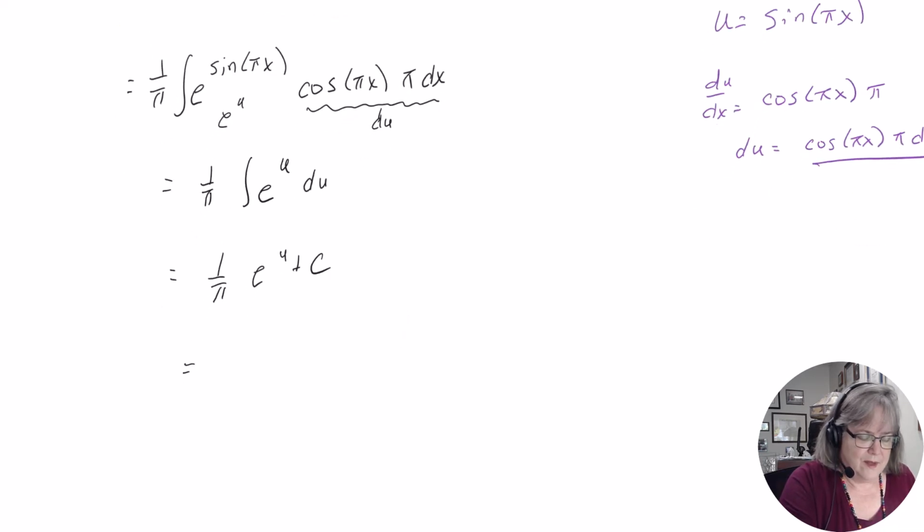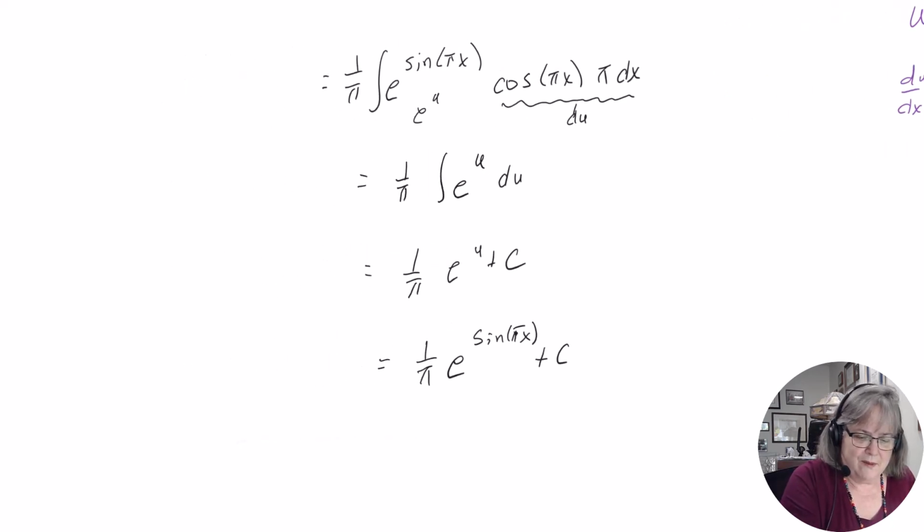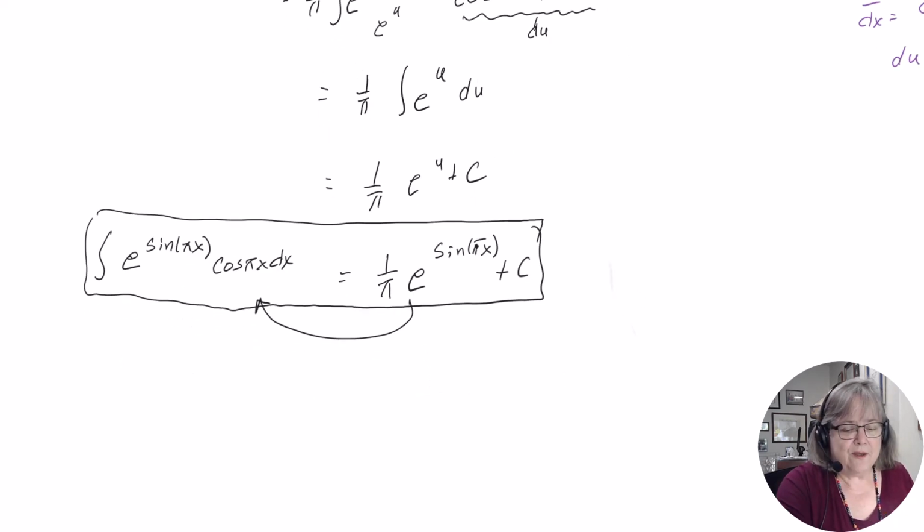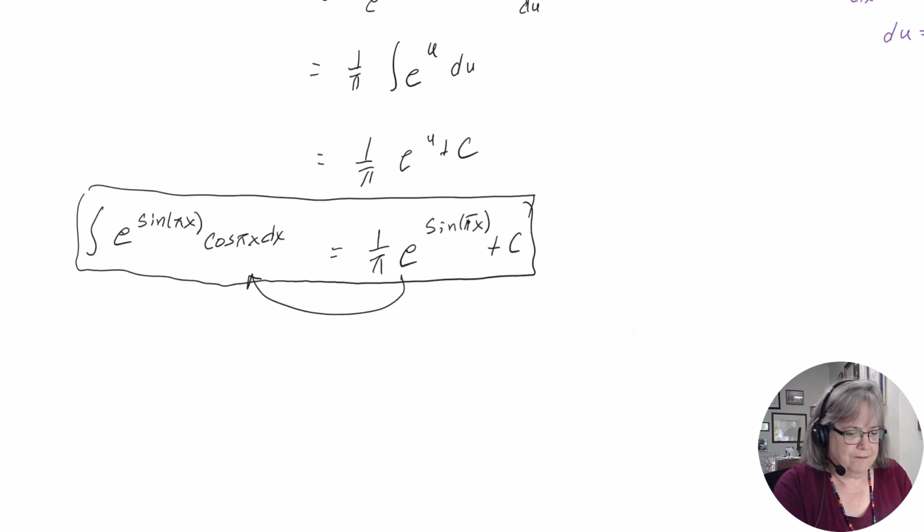So this is 1 over pi e to the sine of pi x plus c. And if you're not sure about that one, take the derivative of it and see if it gets you that. And it does, doesn't it? My engineering teachers would not like my boxes. All right.